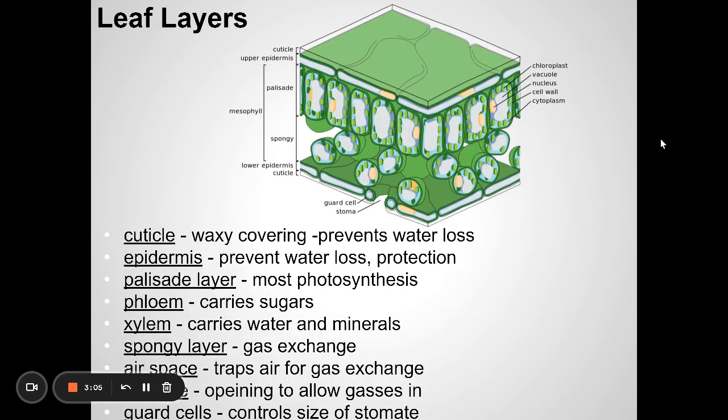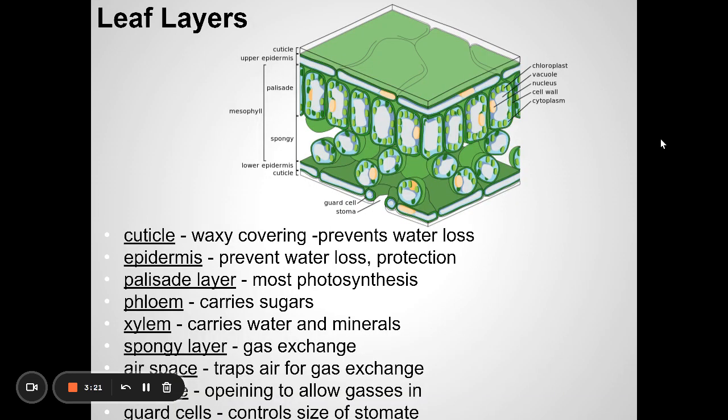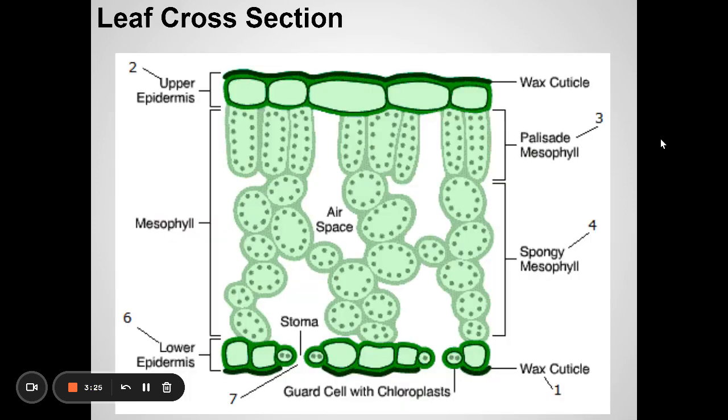And then finally, on the lower levels, at the bottom or sometimes on the top of the leaf are these little openings. They're called stomates. Their purpose is to allow for air to come into this space here.